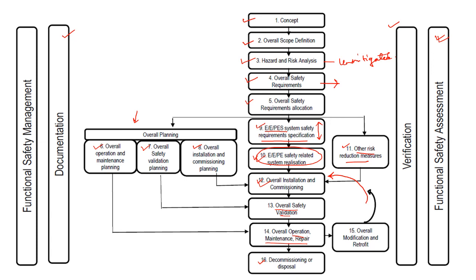This management is done by functional safety management. There is a functional safety manager who sits in this group, and he manages all the actions that have to be taken, the roles and responsibilities that need to be followed, and all the other aspects of management.